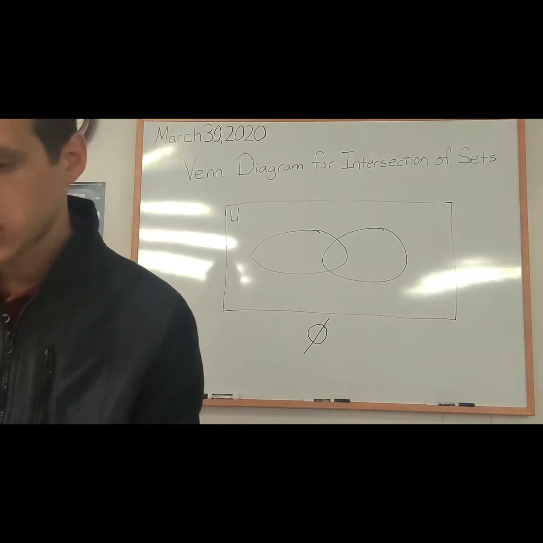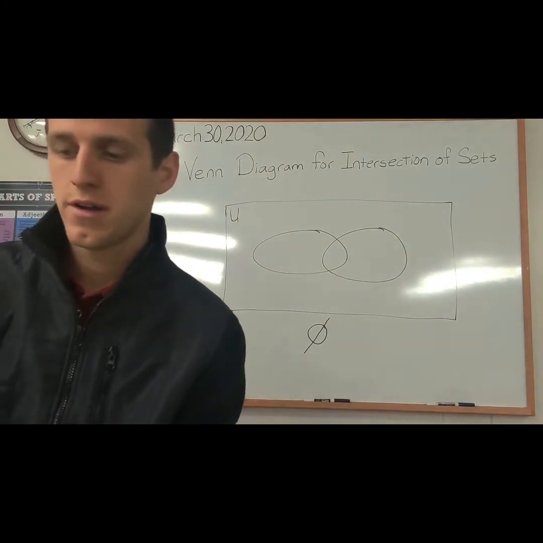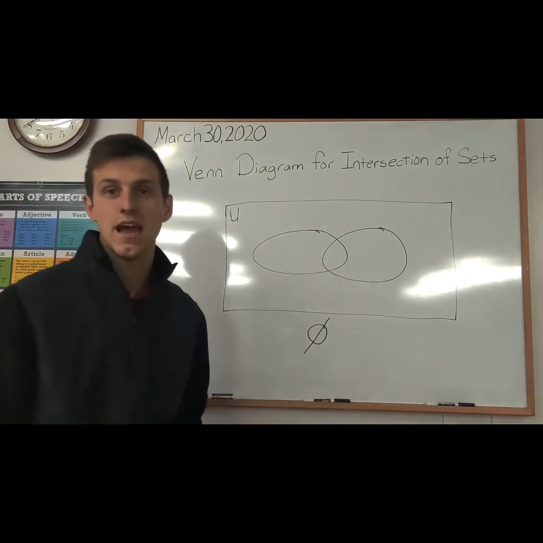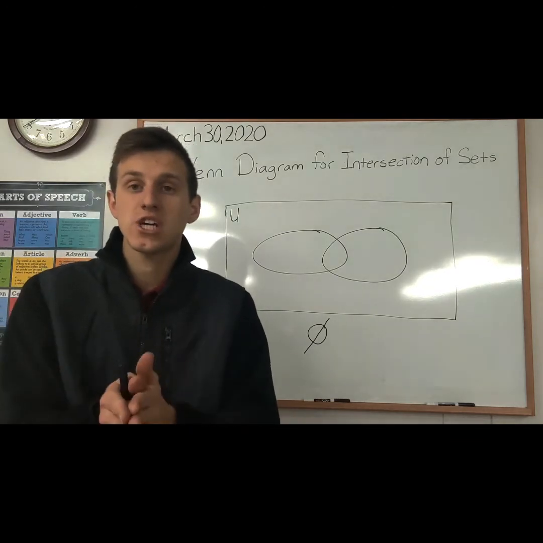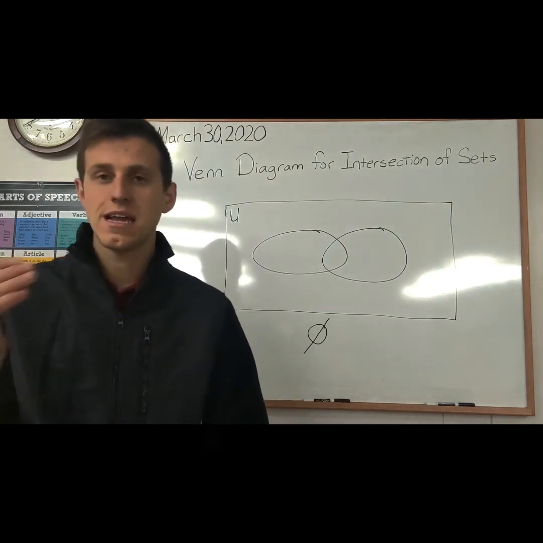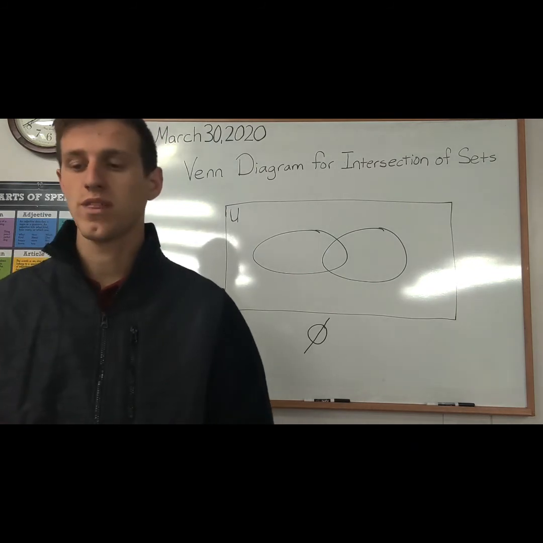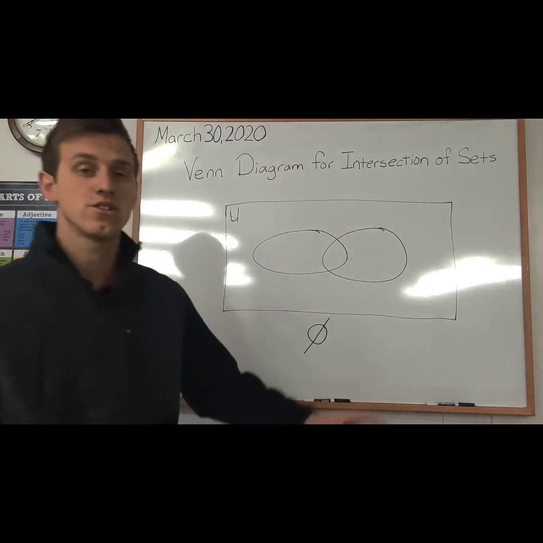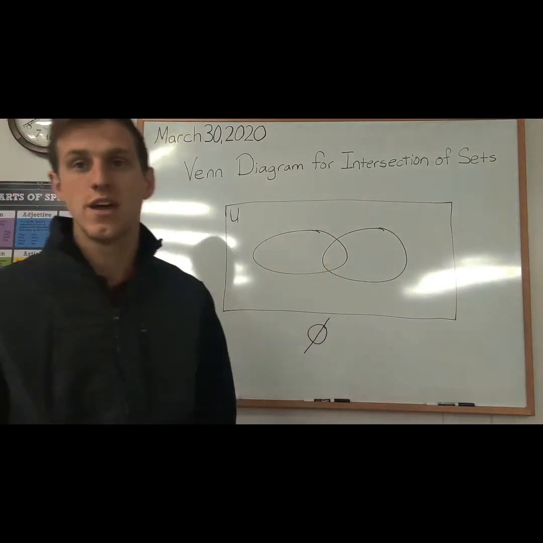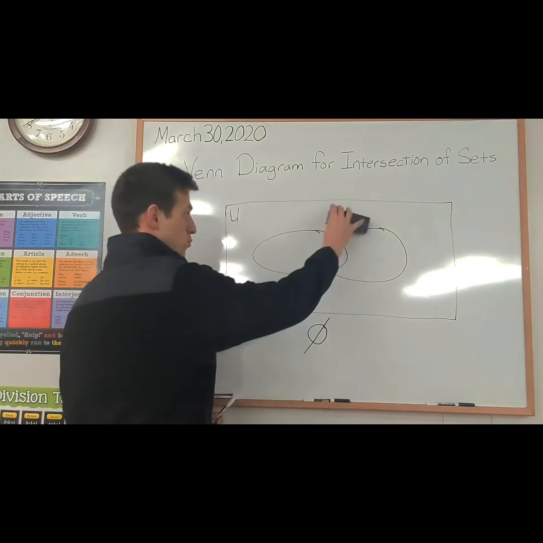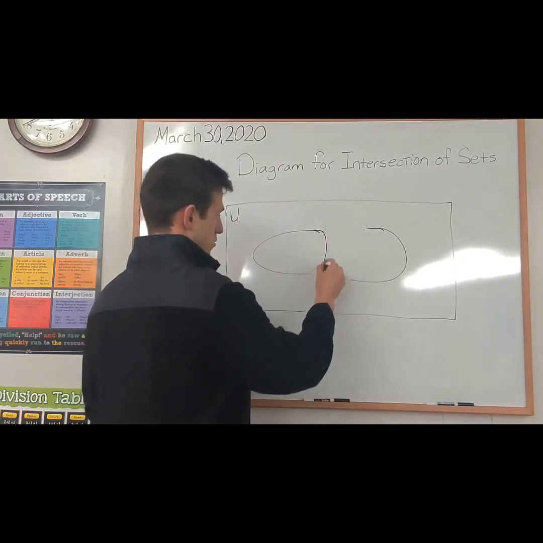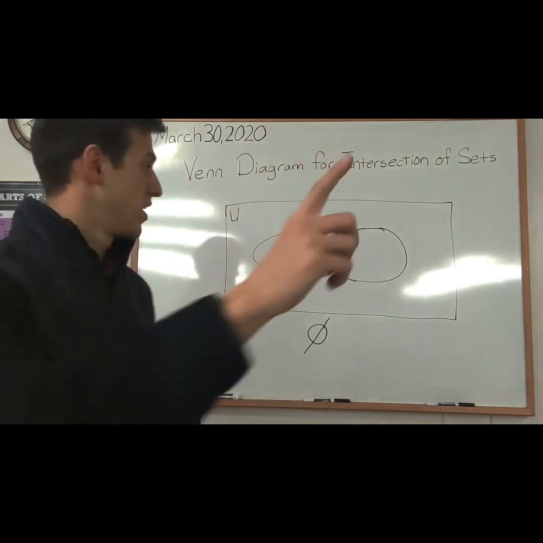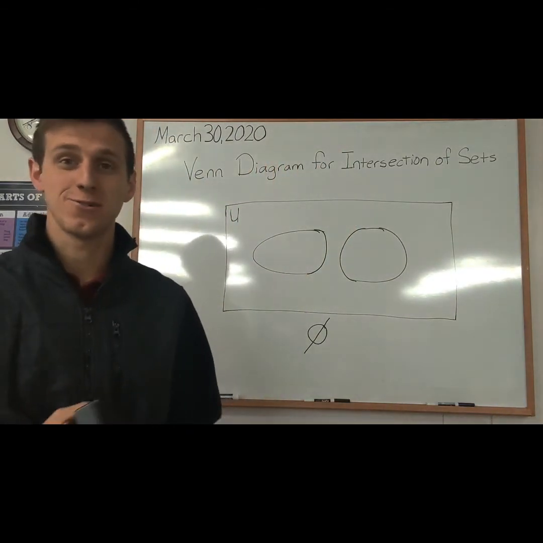So make sure you look at what is in your sets and see if there's any intersection or any like things or like factors within your sets. And if there is, then we can use the intersection of sets with this illustration. And if they are disjointed sets, remember we just simply draw them like that. That is an ugly looking circle.